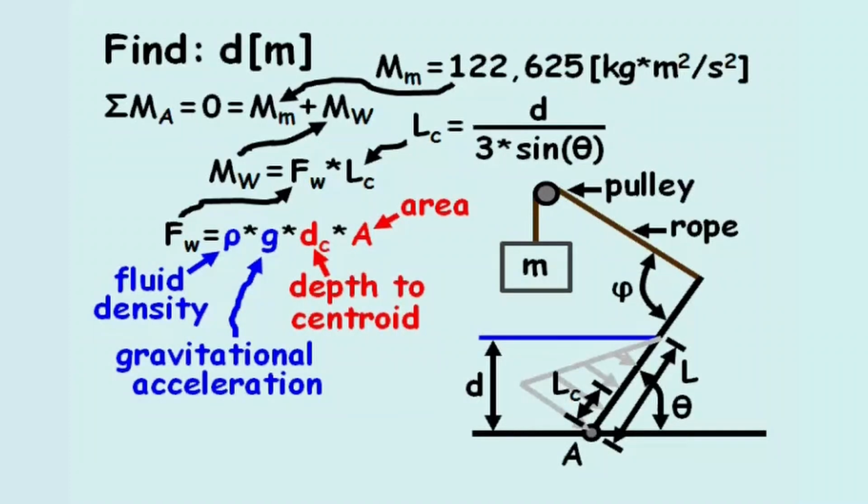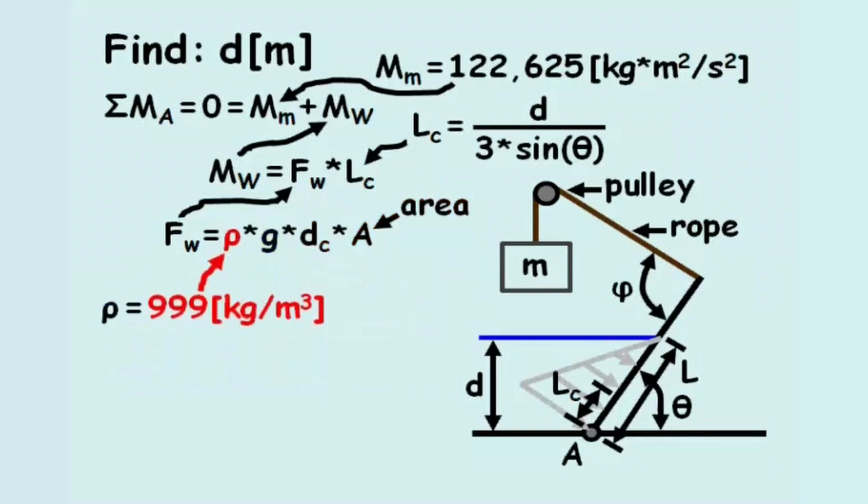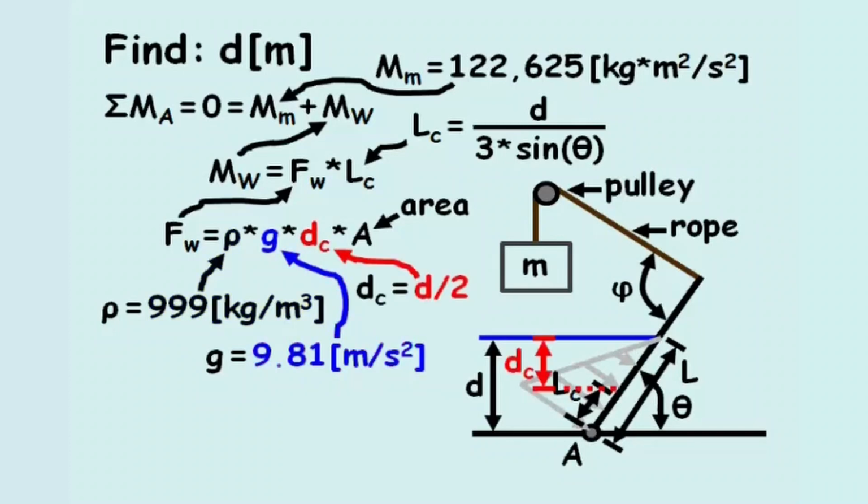Since the fluid behind the door is water, we'll use a density of 999 kilograms per meter cubed. And the gravitational acceleration, g, equals 9.81 meters per second squared. The depth of centroid, dc, equals half of the depth of water, d over 2.